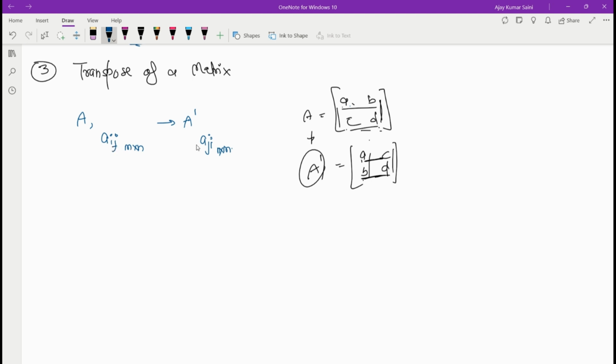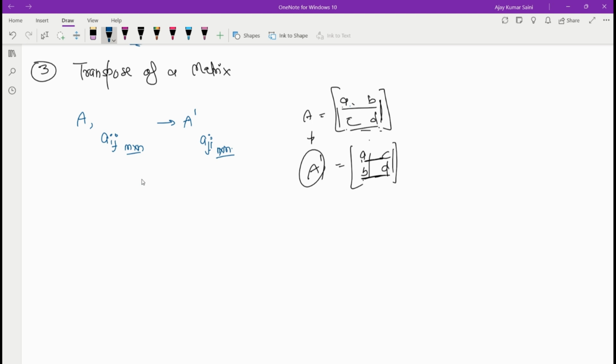So now ij becomes ji, and m n becomes n m. I hope you can now understand what is the transpose of a matrix.